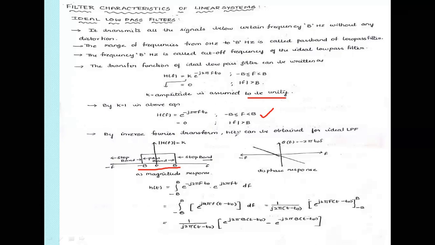By inverse Fourier transformation, h of t can be obtained for the ideal low pass filter. h of t is equal to the integral from minus B to B. Here the H of f is e power minus j 2 pi f into t naught.